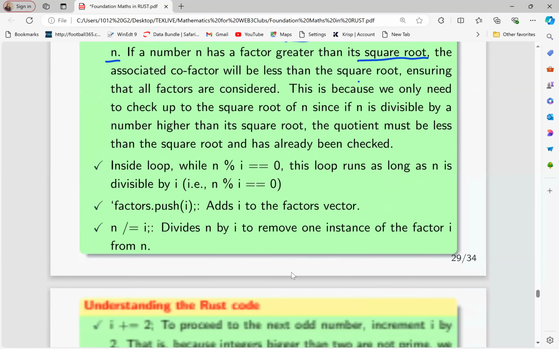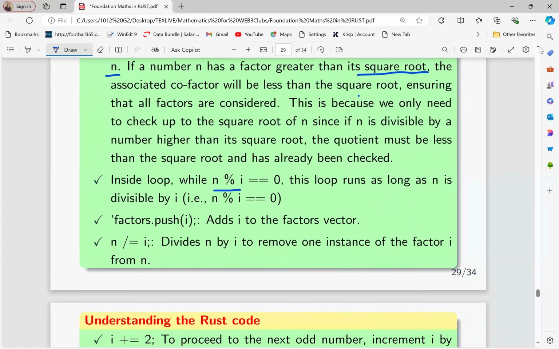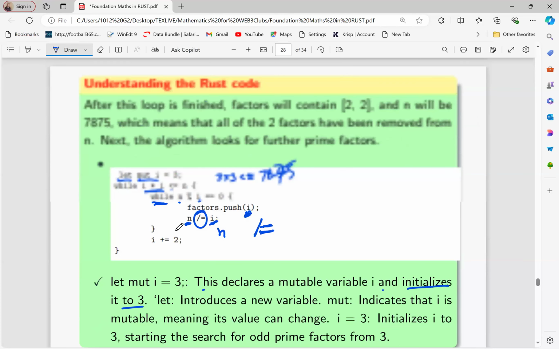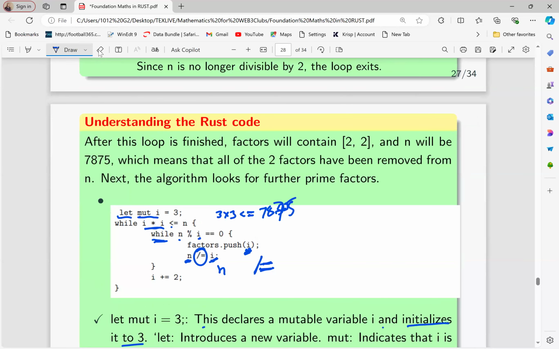Now we have the inside loop. The inside loop begins by checking if I divides n. Let me just show you how it looks. This is what I mean by the inside loop, the inside while here. This is how that part is.